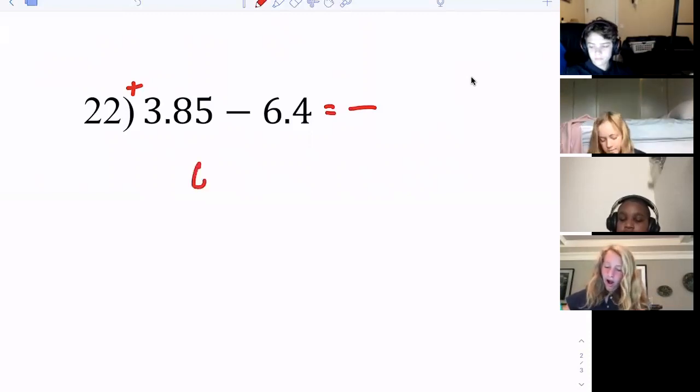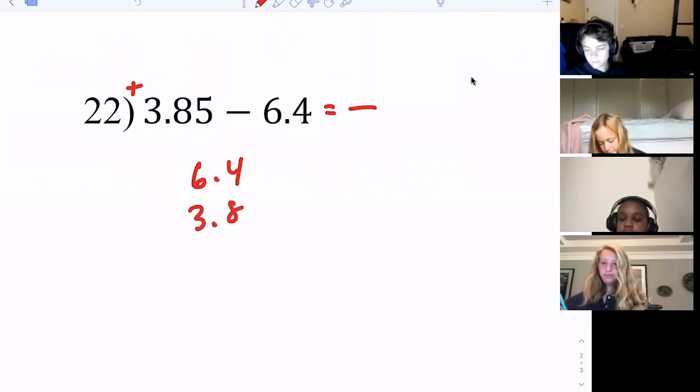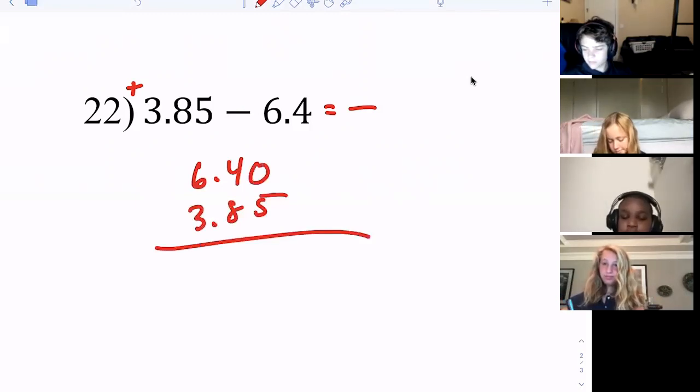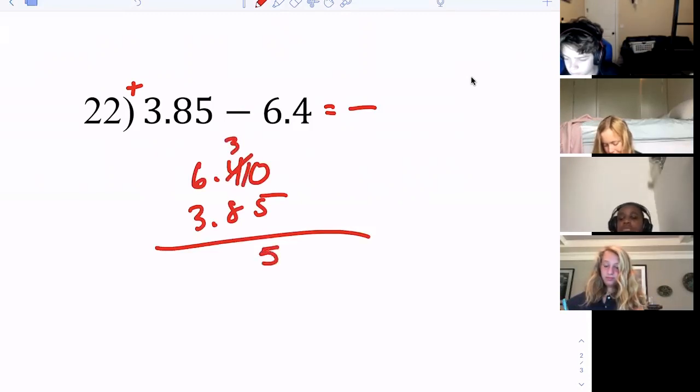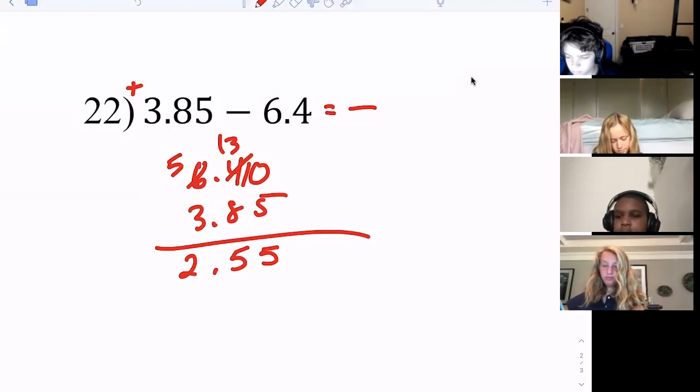So now we're just going to subtract 6.4 and 3.85. Add the 0 up here. All right, now remember, this is a 3. That makes that a 10. That makes up 5. Borrow 5, 13. 8 from 13 is 5. 5 minus 3 is 2. 2.55. So it's negative 2.55.